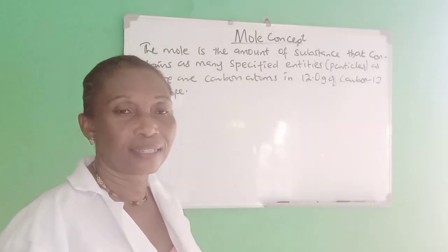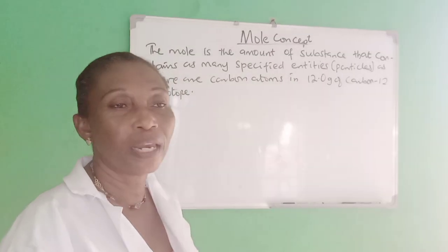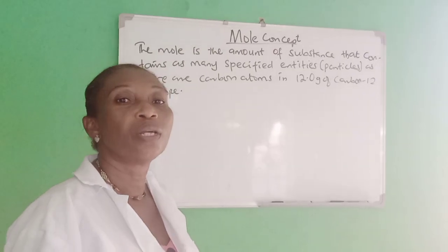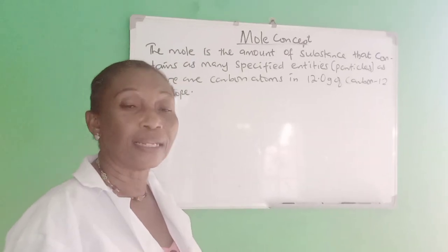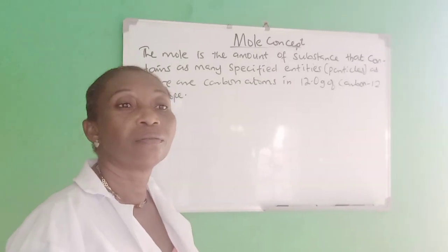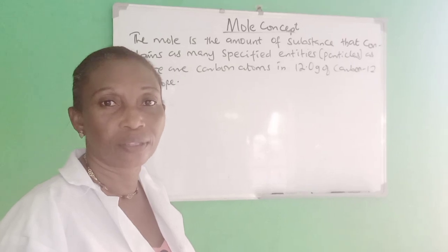Now let's look at the mole and the mass of elements. But before we talk about that, I want to state that this mole concept is always kind of misunderstood by most students.